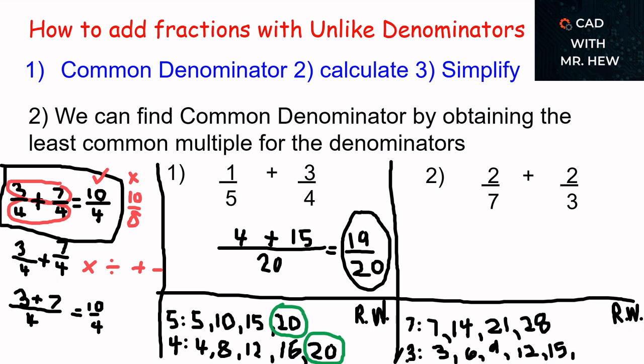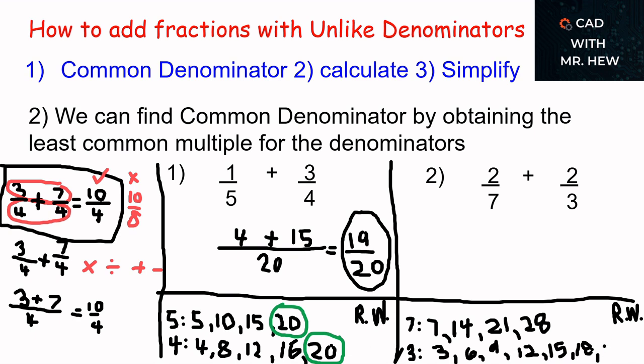So 3 sixes is 18. Still, 18 is less than 28, so we're going to keep writing the multiples for 3.